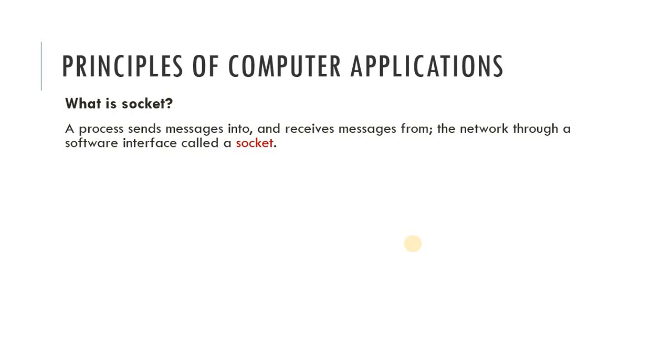For example, there are hosts A and B. Host A sends a message, and host B receives the message. All that sending and receiving through the network is done via one software interface, which is called the socket.